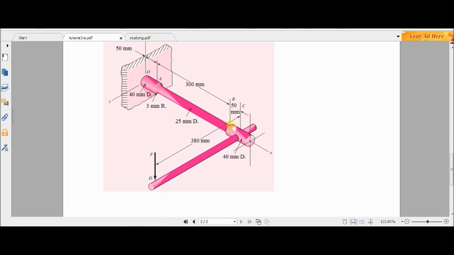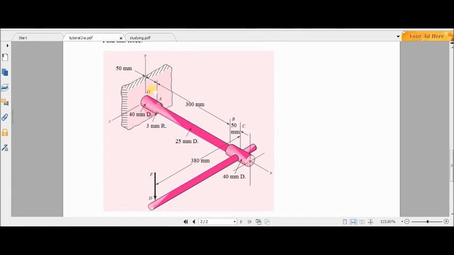Since we are going to find the maximum stress, I am looking at the bending stress and torsional stress at the top of the shaft at location A. Because this shaft will bend in this way, sigma x is the bending stress in the direction of x, and the torsional shear stress will be in the direction of z, or tau xz.